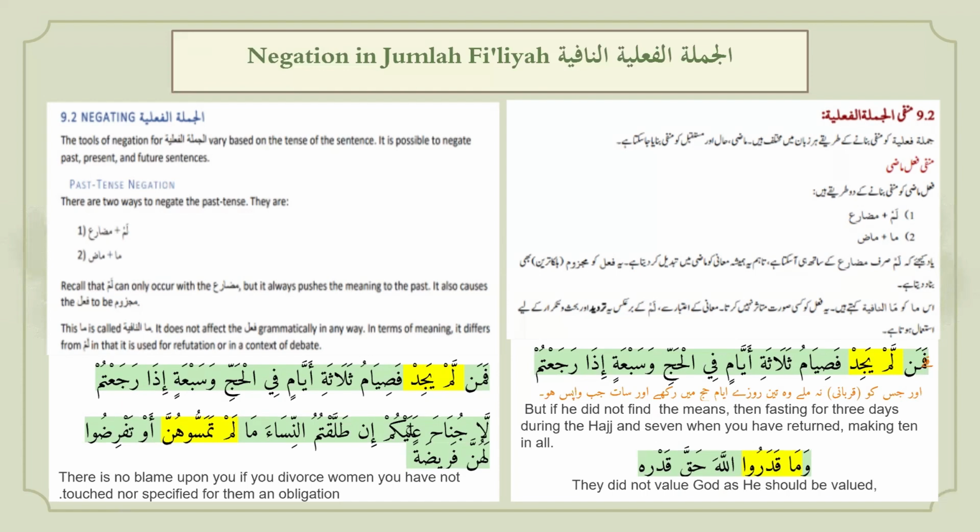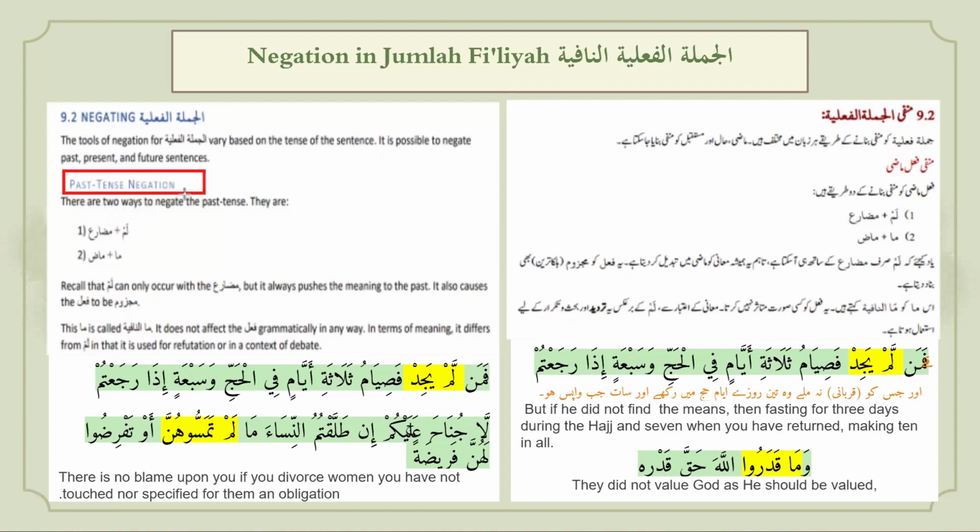And if the sentence is about something that is going to happen in future, then again the negation tool would be different. First, let's take a scenario in which the sentence is about an action that happened in the past, so past tense negation.